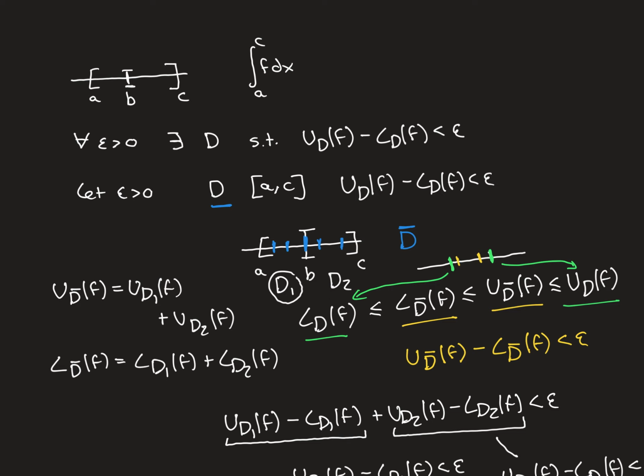So hopefully you understand that. The Riemann integrability criterion is going to be satisfied over this interval AB, and it's going to be satisfied over this interval BC. So we can conclude that the function is Riemann integrable over the interval AB and the interval BC if it's Riemann integrable over the entire interval AC.